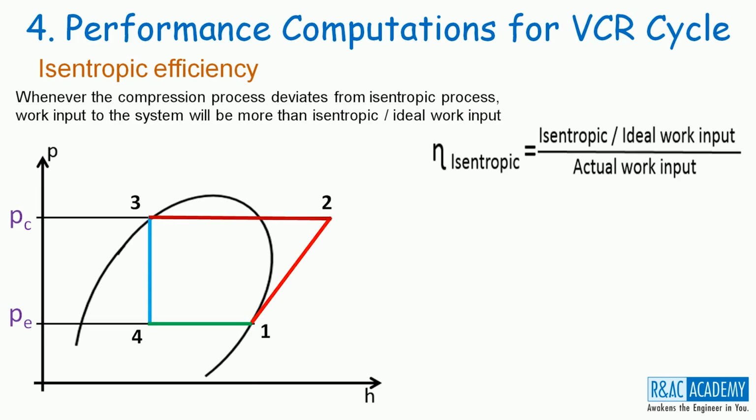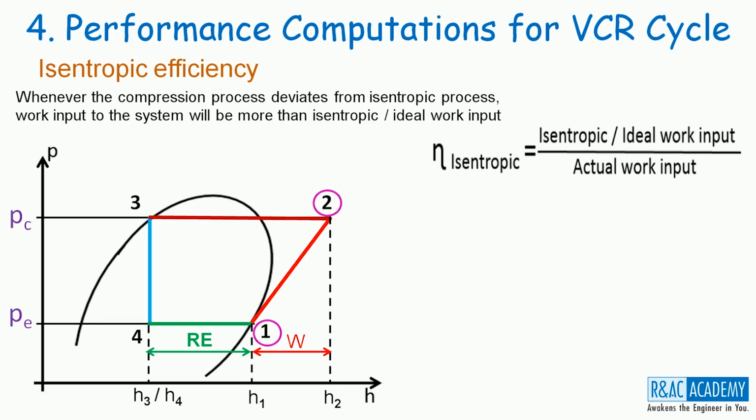1, 2, 3, 4 is the baseline cycle and RE and W are corresponding to that baseline cycle. If the actual compression is deviating from the isentropic process, then what will happen to the state points 1 and 2? Please understand that the deviation from isentropic process is happening inside the compressor.